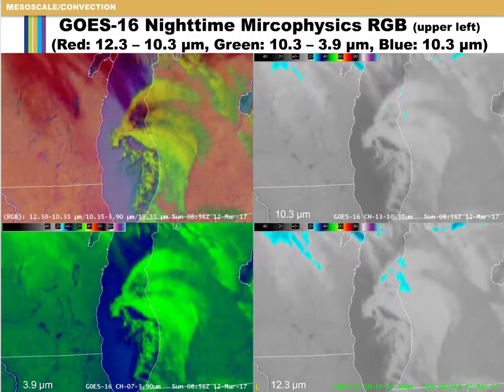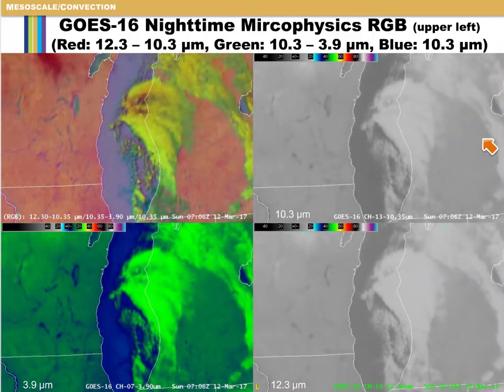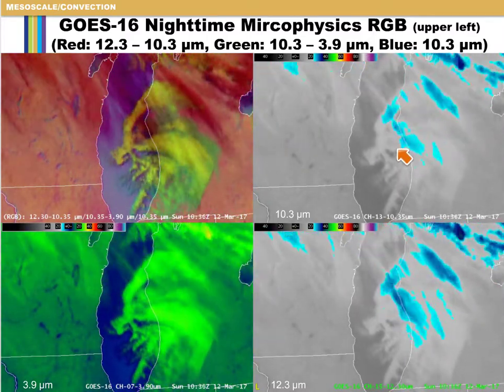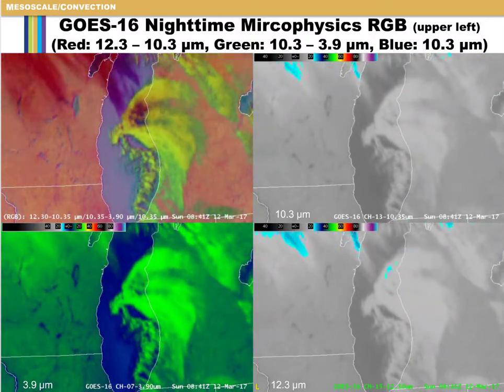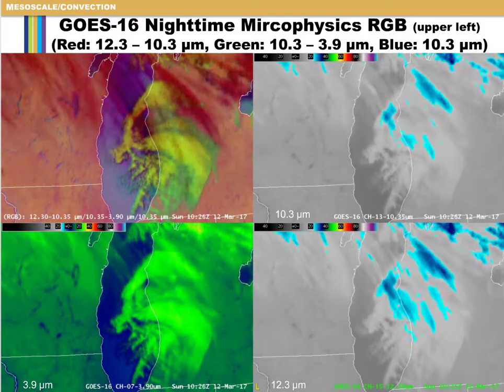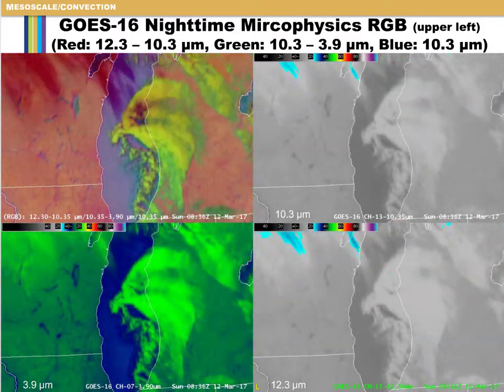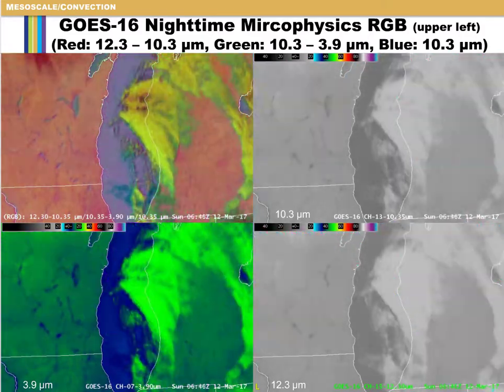Let's start with the familiar 10.3 micron band in the upper left. The low-level clouds associated with the mesolow show up as these gray colors in the default IR color table, while high clouds are color enhanced. While it is not the case in this example, at times high clouds may make it difficult to identify the mesolow.